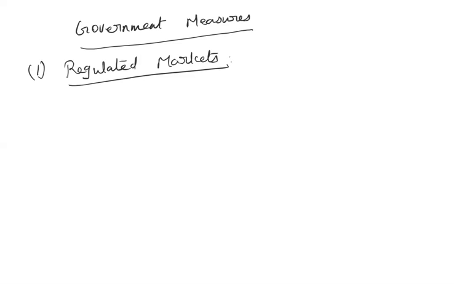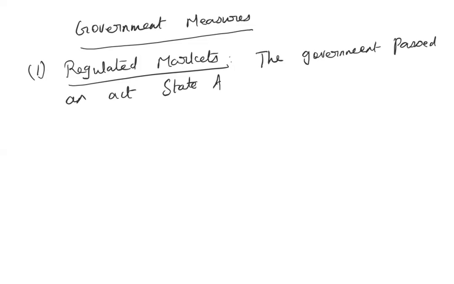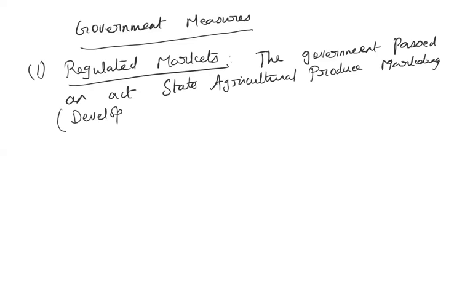For these regulated markets, the government passed an act known as the State Agricultural Produce Marketing Development and Regulation Act.